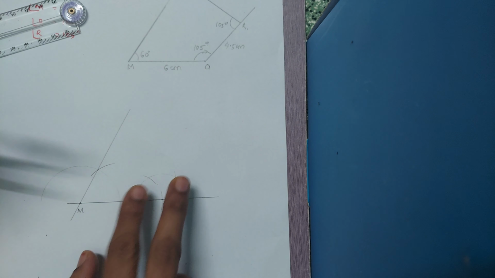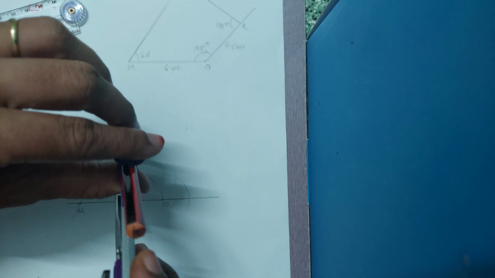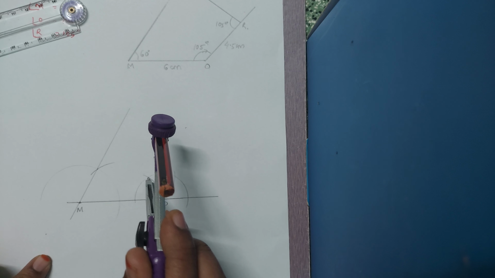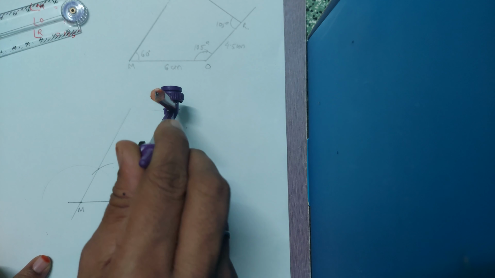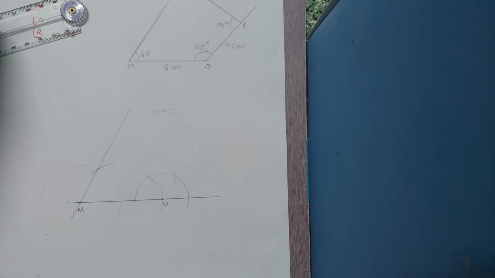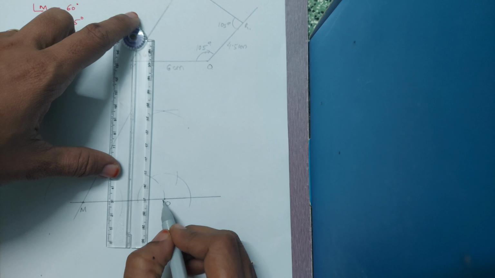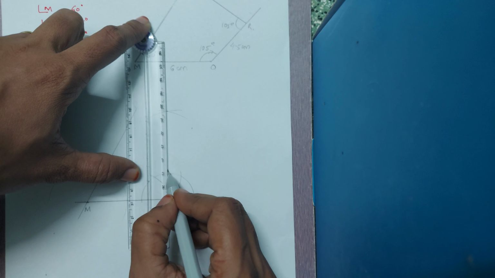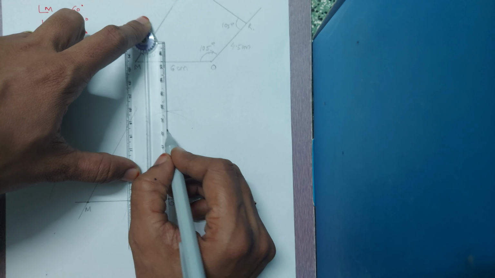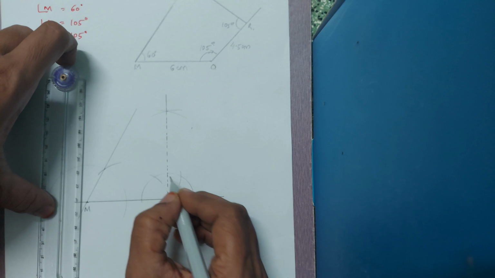Now we are going to bisect 60 and 120 degrees to get 90. This point will be joined here with a dotted line, because this is not the line which we want, but we want this point.